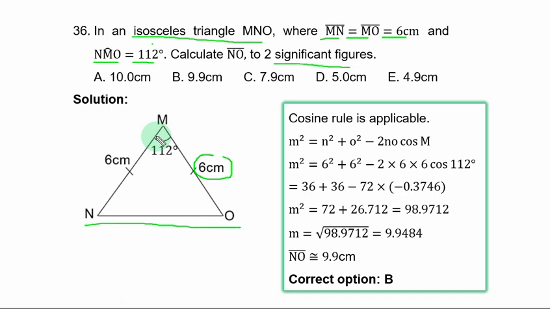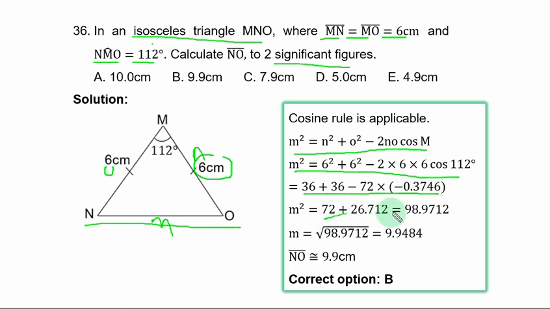That means you go by cosine rule. This side is small letter m, here small letter o, and this small letter n. So you have the cosine rule in this form. You replace n, o, and angle m with what they stand for. You have this result. When you simplify, you have this.